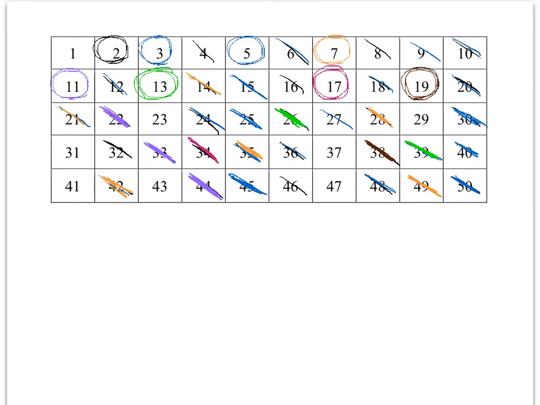All the prime numbers less than 50 are, let me see, 23 is another one. The next multiple of 23 would be 46, but it's already gone. And then our next prime number is 29. And the next one is 31. And our next one is 37.